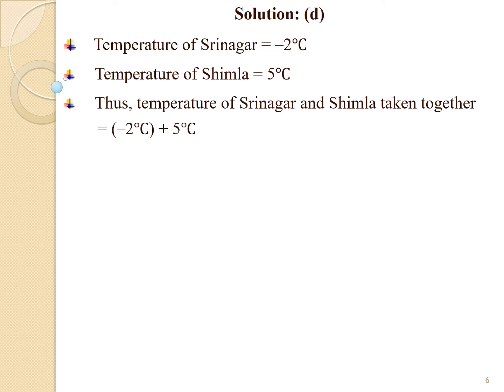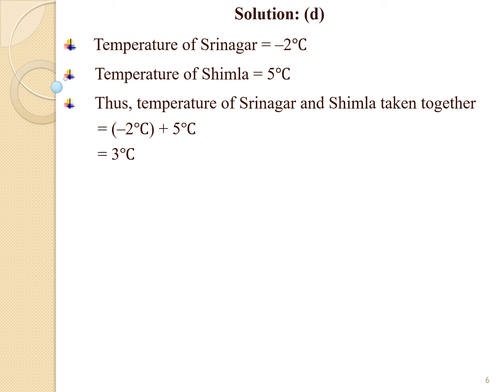Now, subtracting the smaller integer 2 from the larger integer 5 as a whole number by ignoring the sign, we get 3 degrees Celsius. Thus, the temperature of Srinagar and Simla taken together is 3 degrees Celsius.